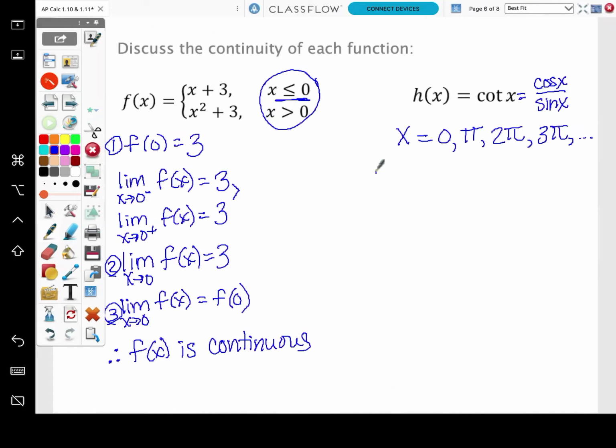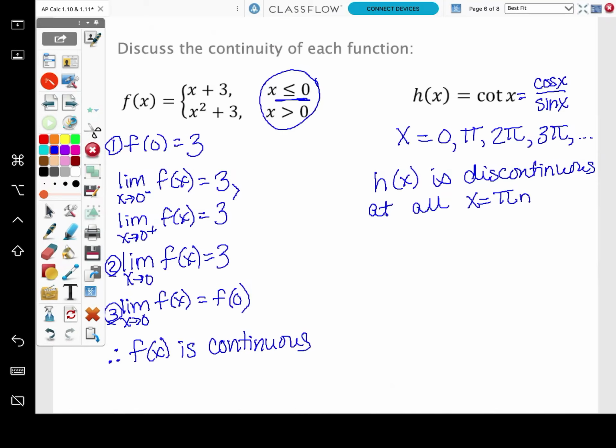So we would want to say that h of x, and the way you say this can be different, you just have to get your point across, h of x is discontinuous at all x equals pi times n.